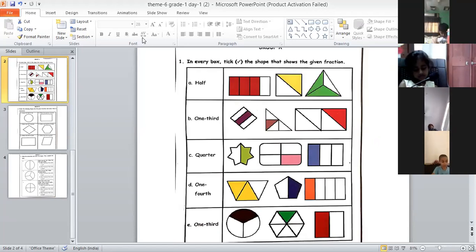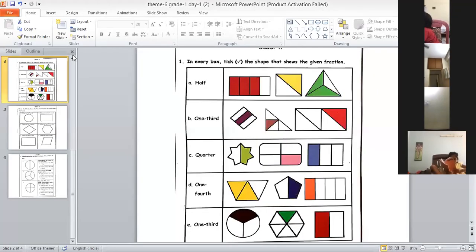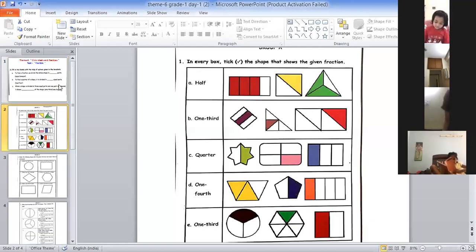Children, I want you all to take out your math notebook. Write date and classwork in your math notebook. Okay, wait, stop. Do one thing. Open page number 10.